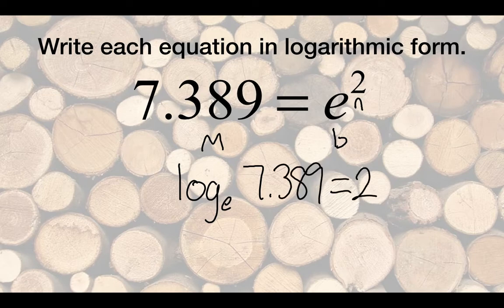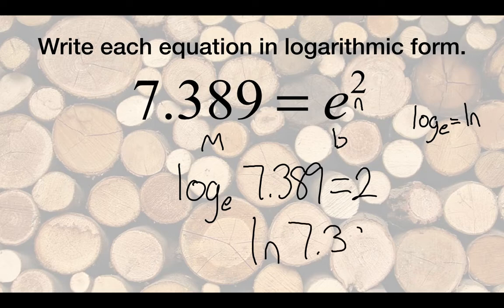So if we have log base e, we can also say Ln for natural log. It's actually a Latin phrase that means natural log. So Ln 7.389 equals 2 is the way we'll normally write this.